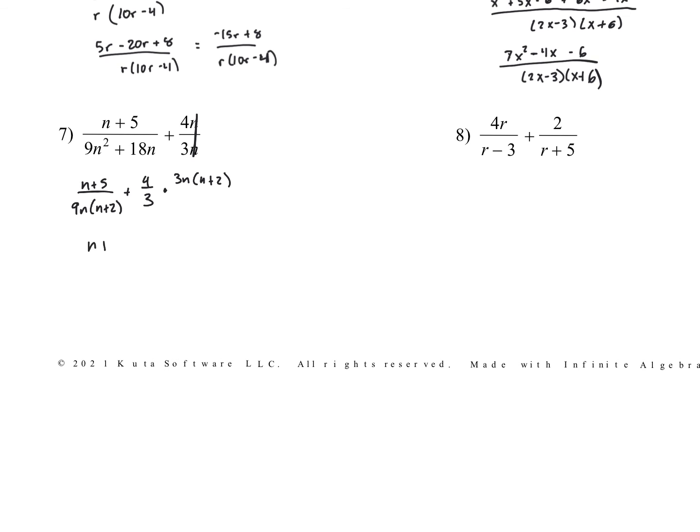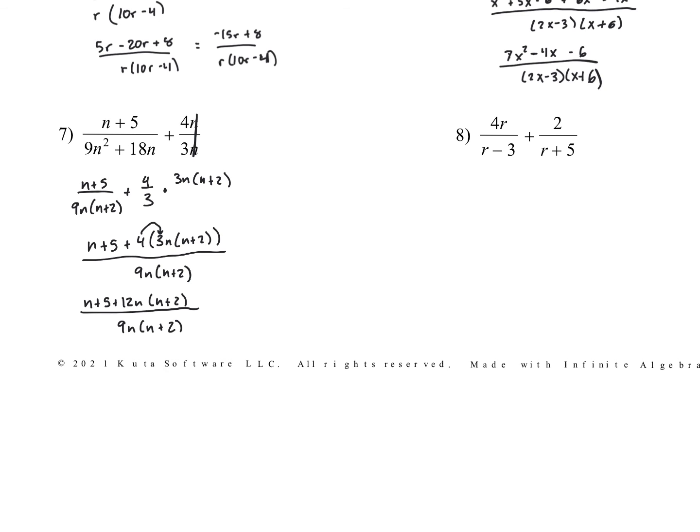So now I have n plus 5 plus 4 times 3n, n plus 2 all over 9n, n plus 2. Okay, so now I'm going to distribute my 4 to my 3 only, and now I have n plus 5 plus 12n, n plus 2. Okay, and this is simplifying nicely.